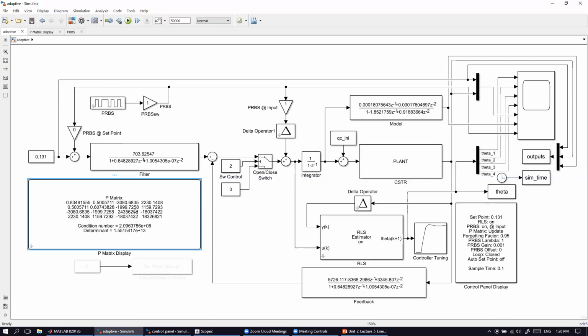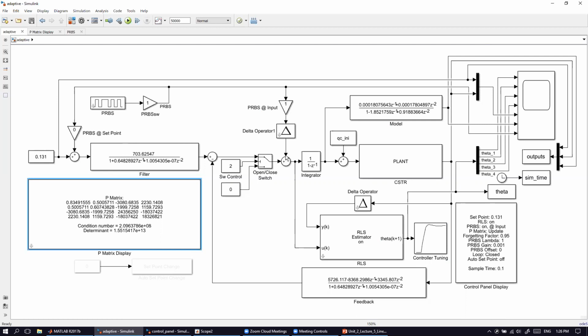What else is important? If you remember last week, we said that it is very, very important to have a good excitation signal in order to get good parameter estimates.